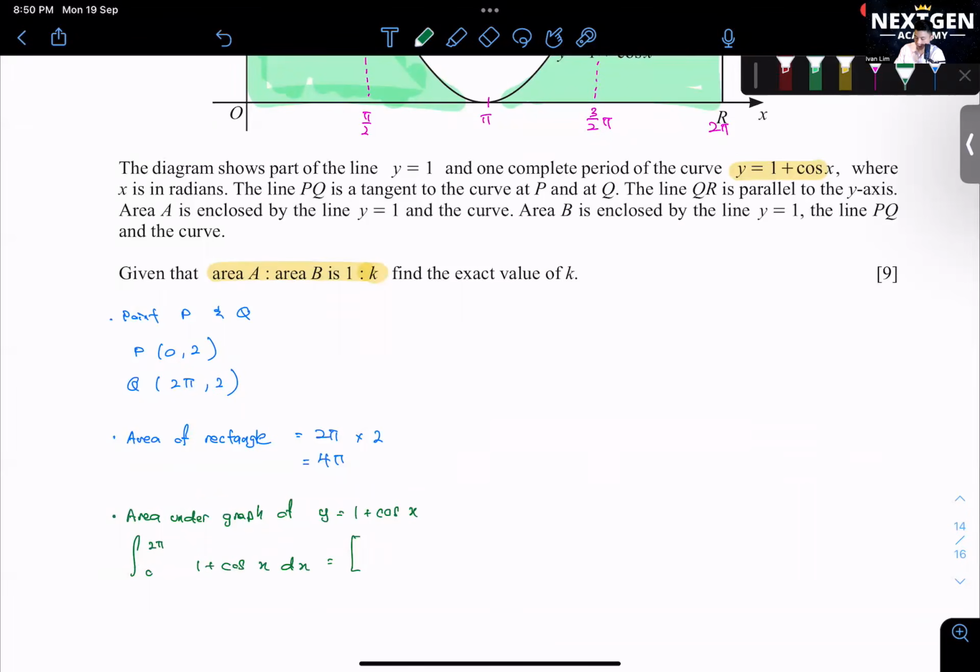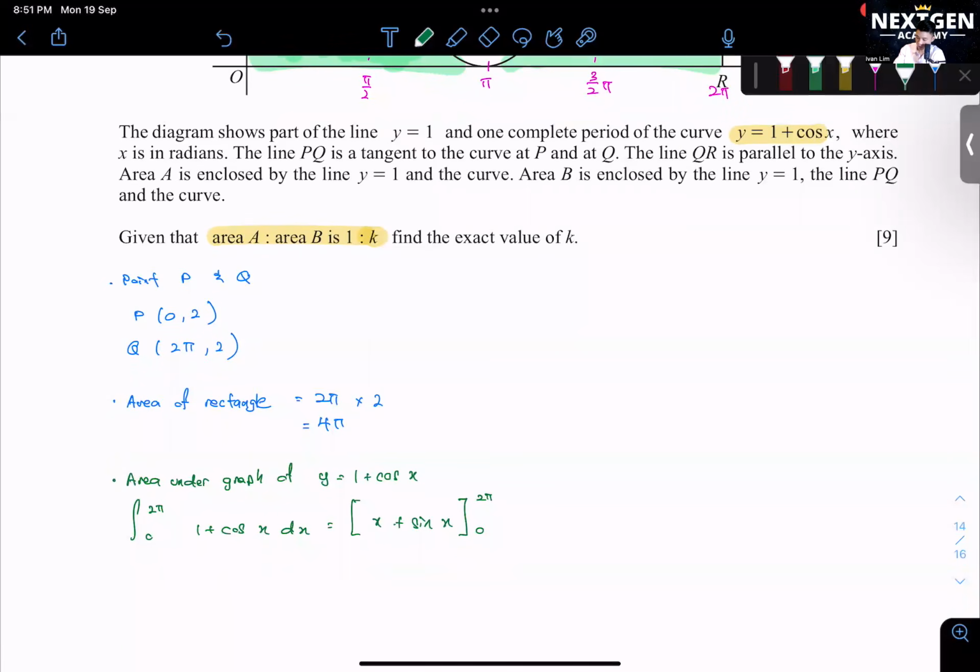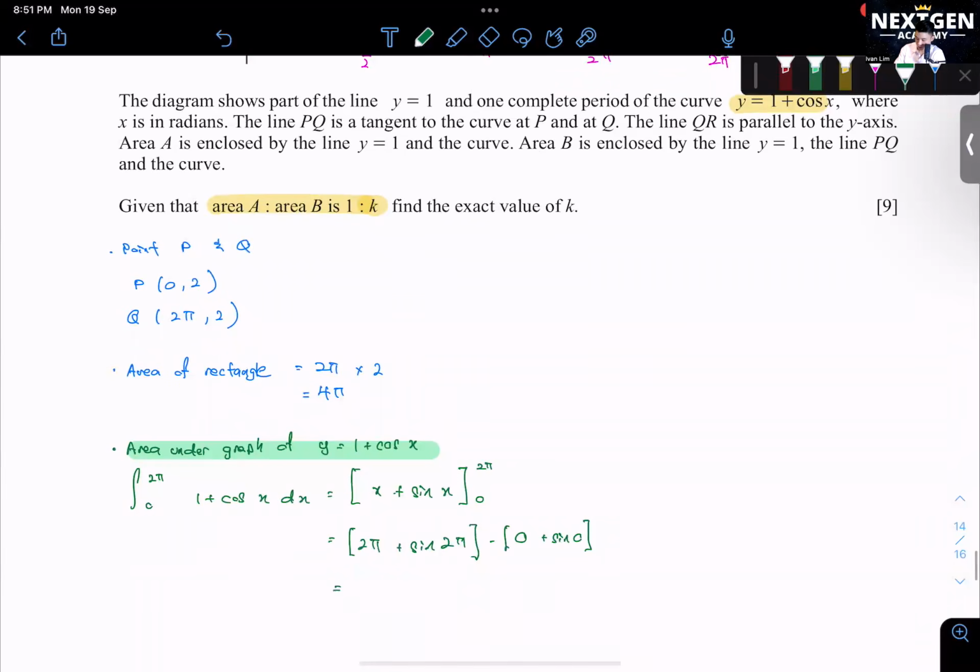So 1 plus cos x, you integrate it, you get x plus sine x, from 0 to 2 pi. I'm finding the green color region there. Calculate it: 2 pi plus sine 2 pi, minus 0 plus sine 0. This you will get 2 pi.